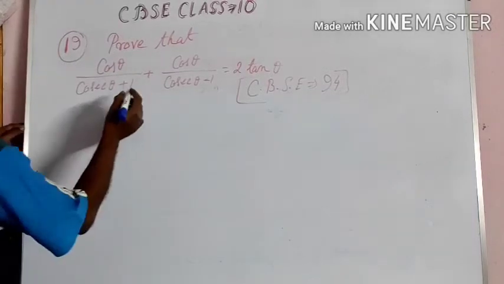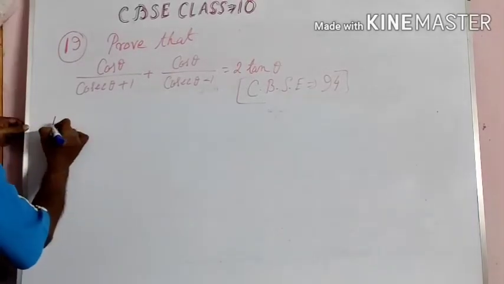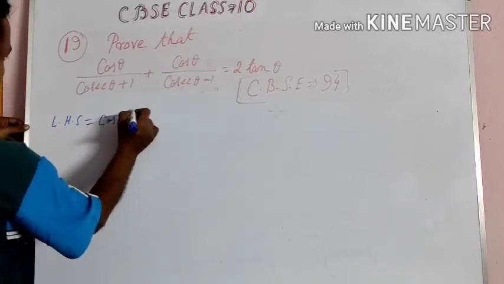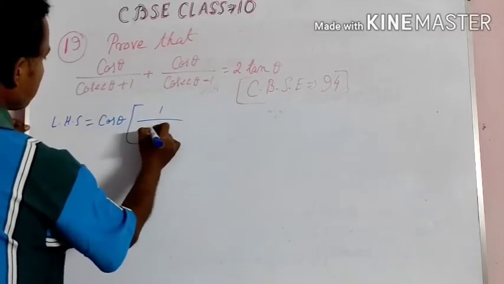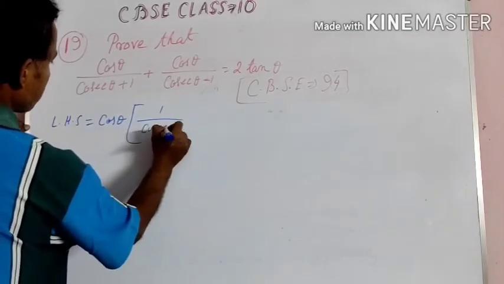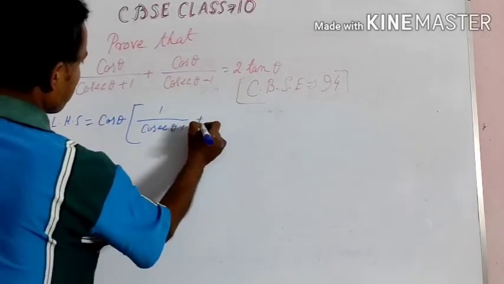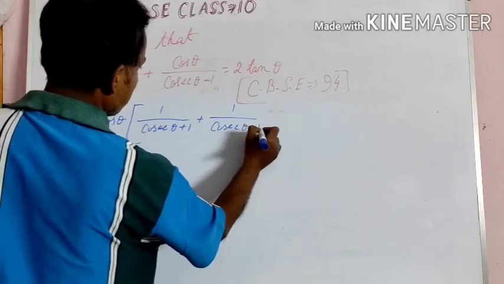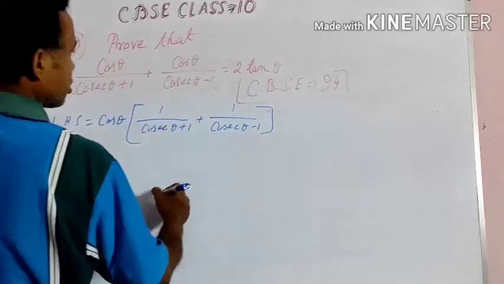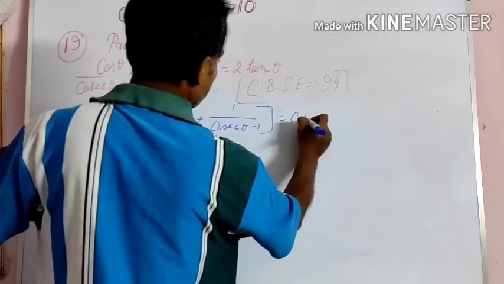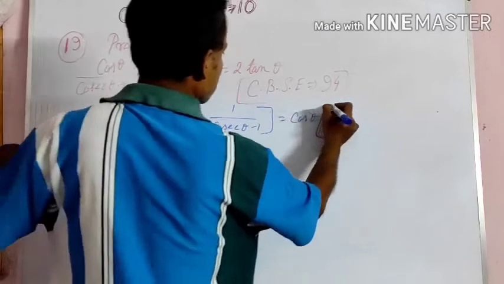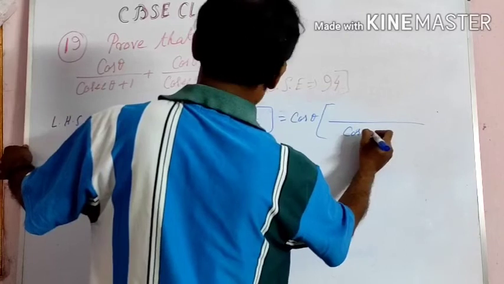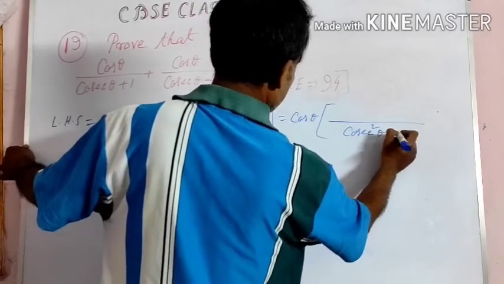Okay. So here left hand side is equal to what? Taking cos theta common, 1 by cosec theta plus 1 plus 1 by cosec theta minus 1 is equal to cos theta into, here LCM will be cosec square theta minus 1.